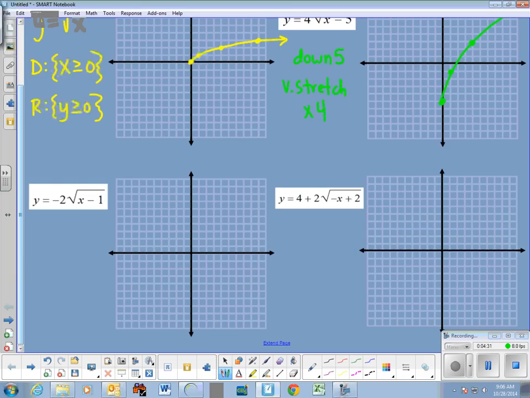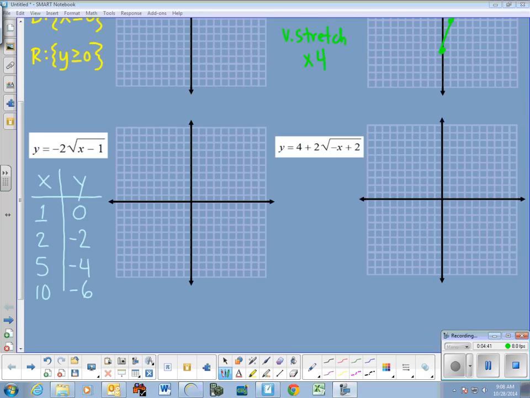Okay, so a little more quickly, let's do these bottom ones. I'm going to actually pause, fill in some XY values, and skip to these graphs for the sake of time. Okay, so I've plugged in some values of x into this next equation. I chose 1, 2, 5, and 10 because the first thing I do is subtract 1 from those, and 0, 1, 4, and 9 are my perfect squares that I can evaluate the square roots of.